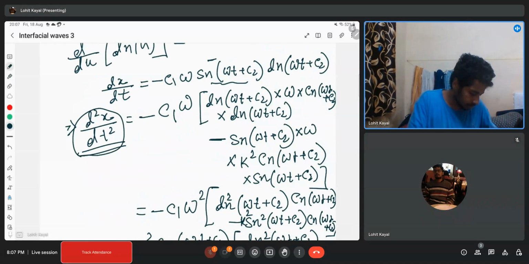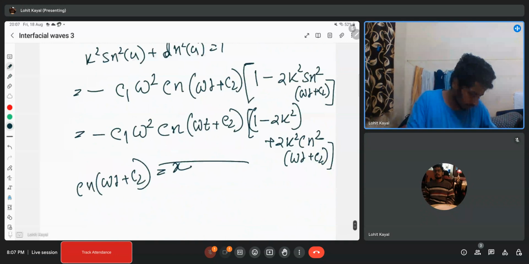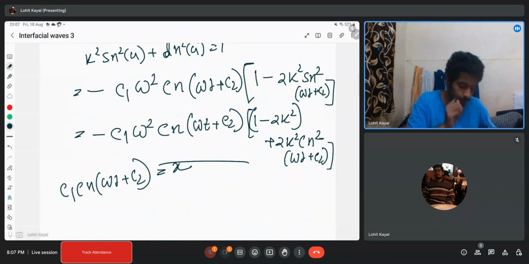Oh, so here it is d²x/dt², right? So now c1 times cn(ωt + c2) is x.